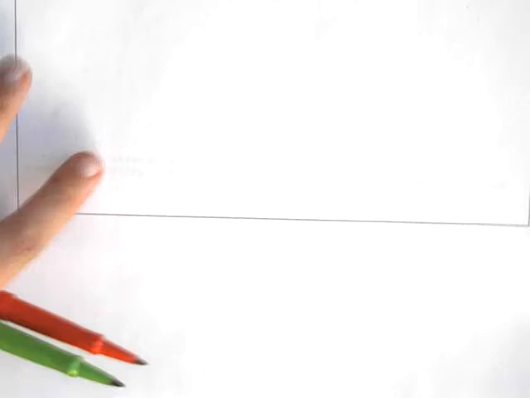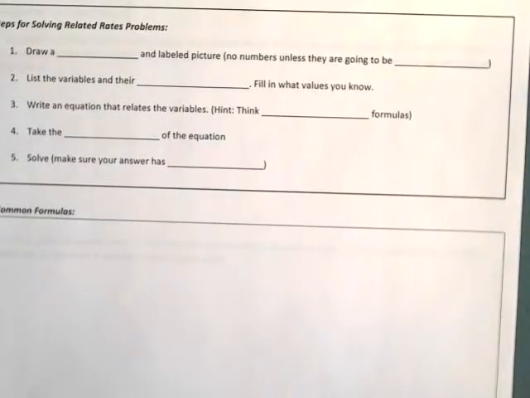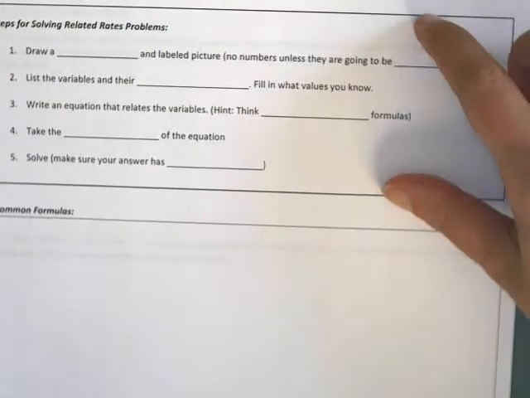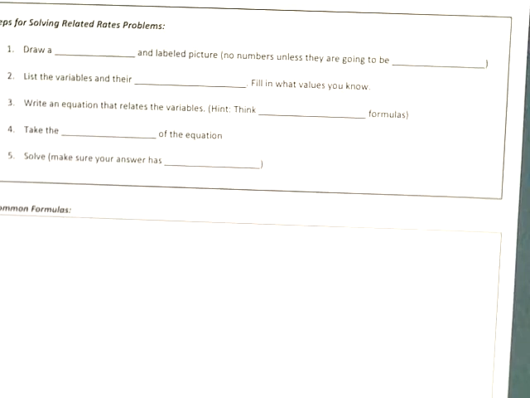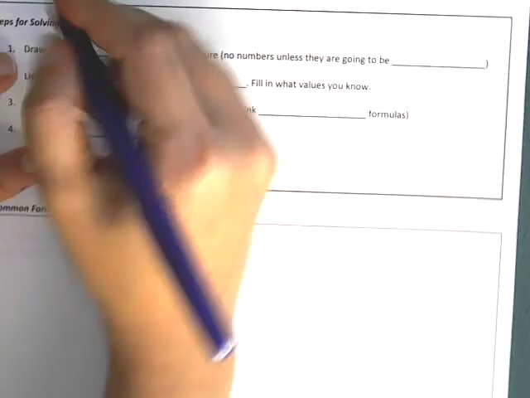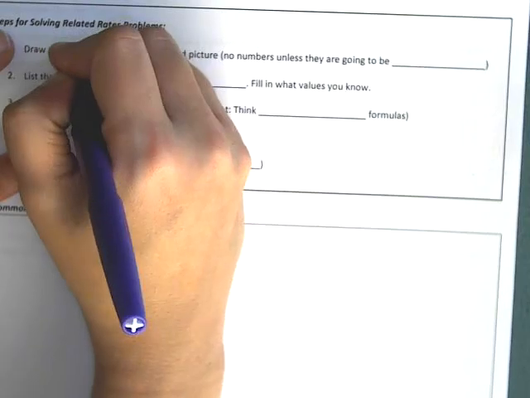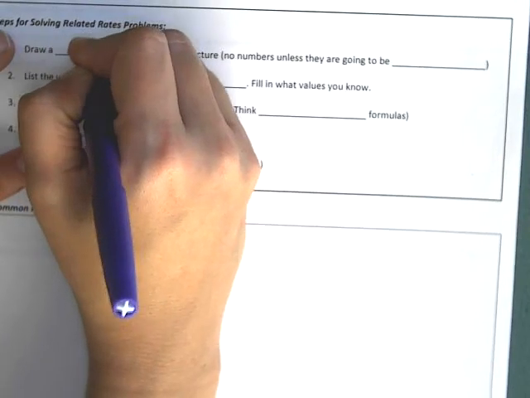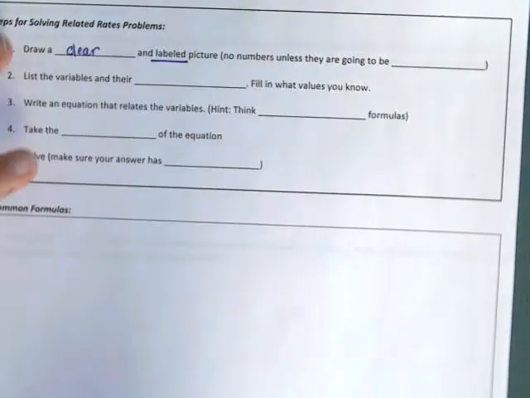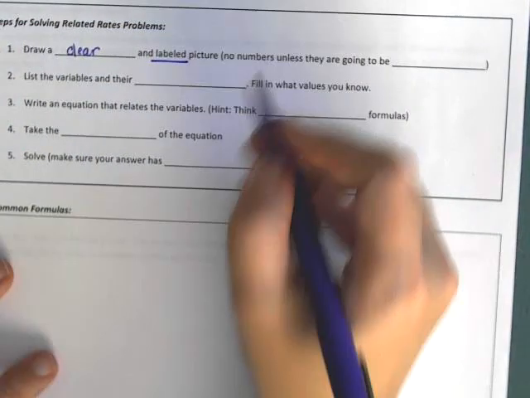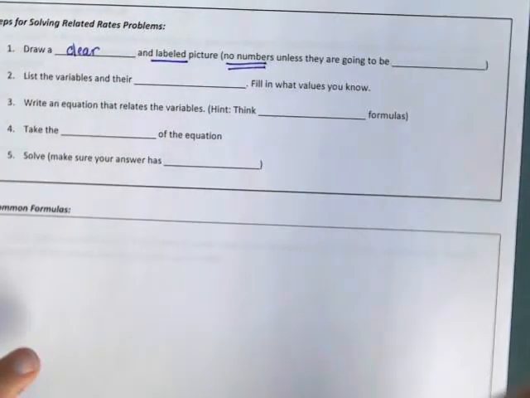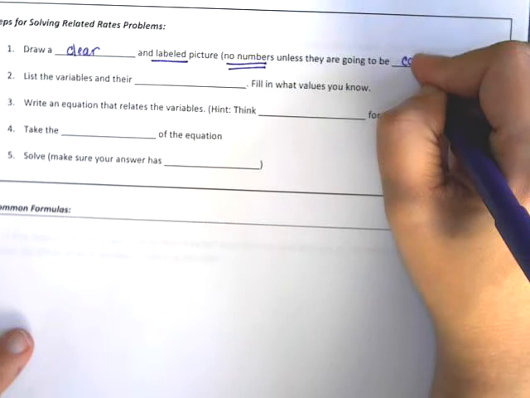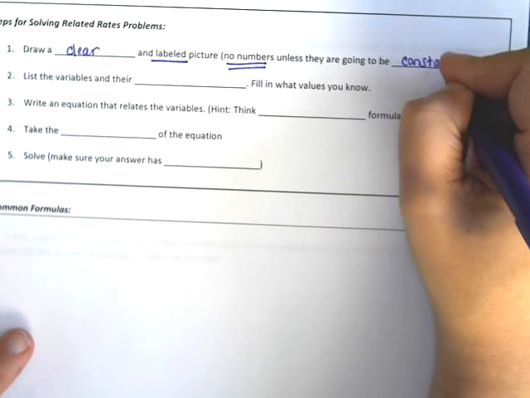All right, so what kinds of problems will we actually be doing here? Before we fill in some common formulas and some steps, let's just sort of talk through this. It's going to start the same way. I would draw a clear and labeled picture. Do not put any numbers in the picture unless they are going to be constants in the problem.